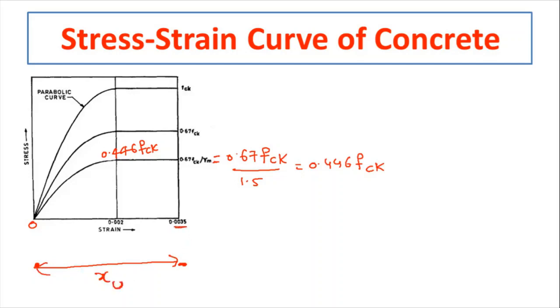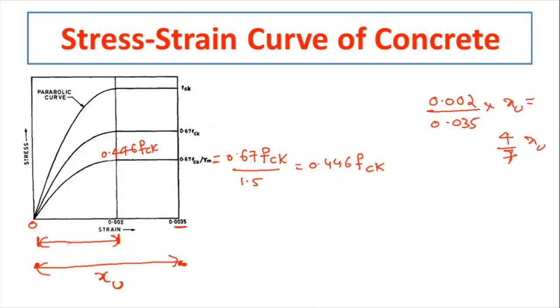For the strain of 0.0035, distance is XU. For the strain of 0.002, what will be this distance? You can take it as 0.002 divided by 0.0035 into XU, that is equal to 4 by 7 XU.